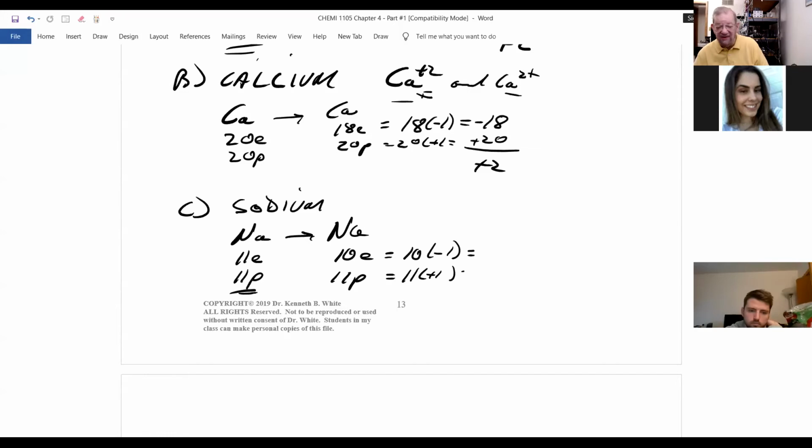Do the math. Keep an eye on me. I already made one mistake. -10 here, +11. When I add them together, I'll get +1. So how do you show +1? When the cation is a +1, you don't need to put the number down. Sodium, that's a +1, and that's how you do it.